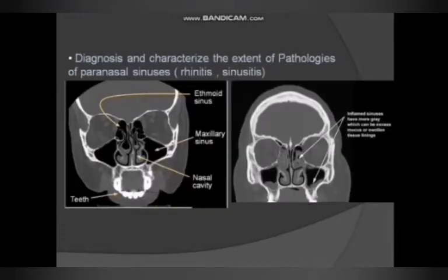CT is also used for diagnosis and to characterize the extent of pathologies of the paranasal sinus like rhinitis, sinusitis. Here we have normal sinus cavities like ethmoidal sinus, maxillary sinus, nasal cavity. If there is any pathology or infection or any swollen tissue in this cavity, it will appear as a gray discoloration.